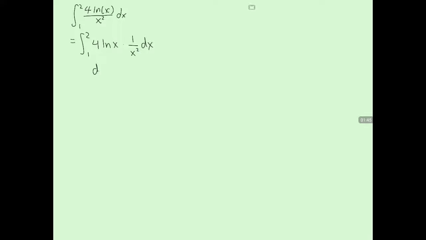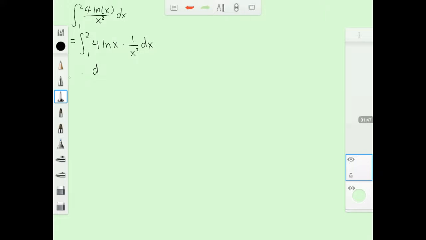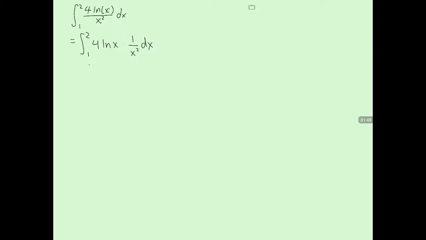So we're going to let u equal 4 ln x, and du is just going to be 4 over x dx. dv is going to be 1 over x squared dx, and v is going to be the integral of this.